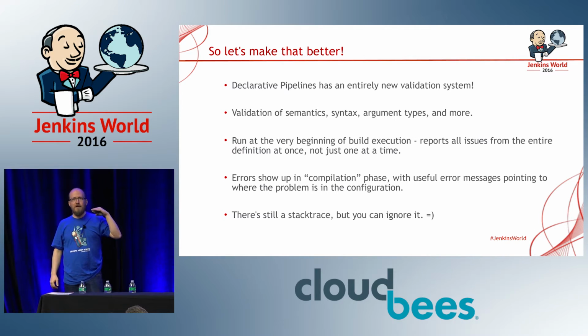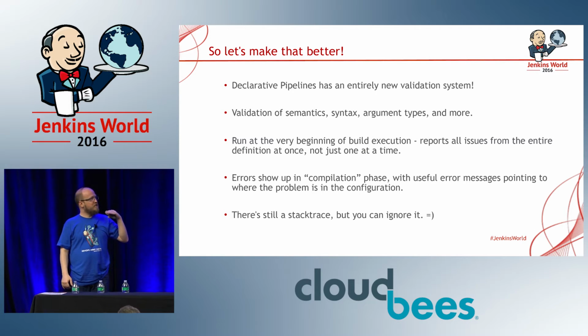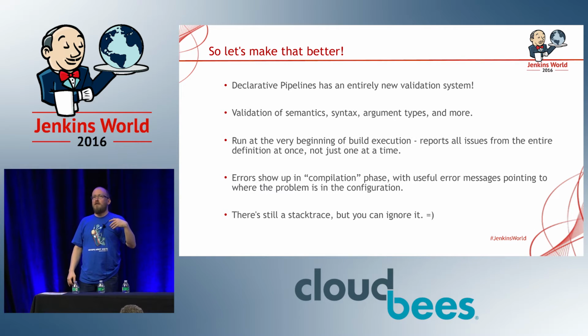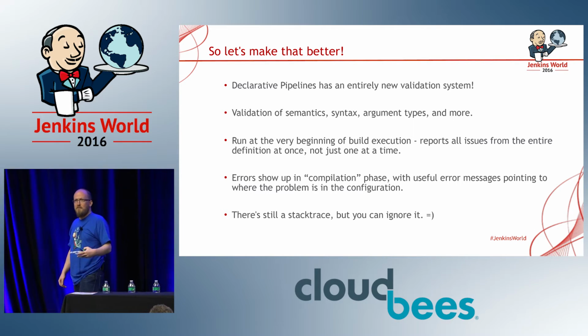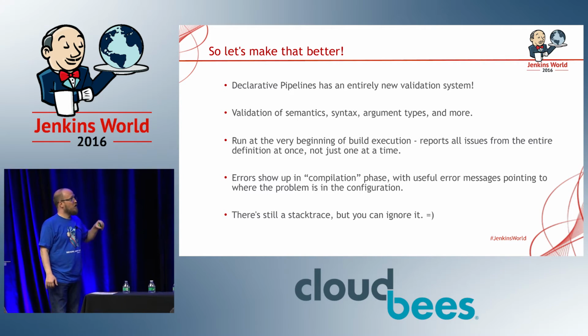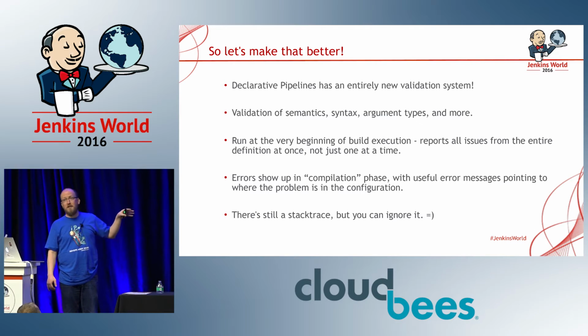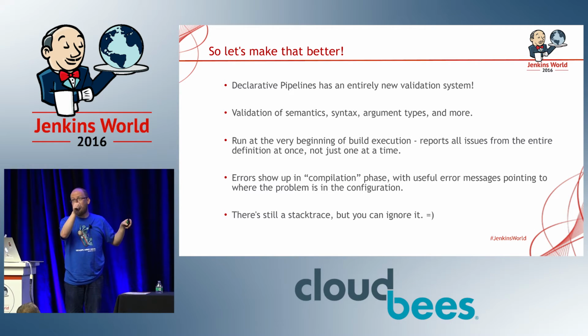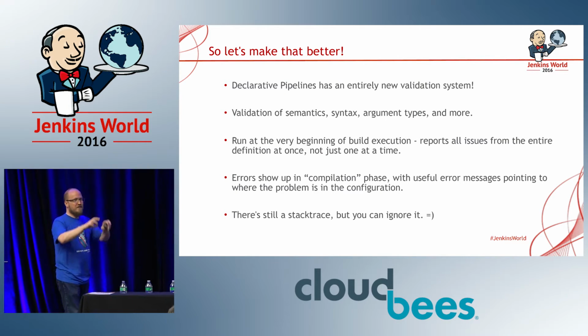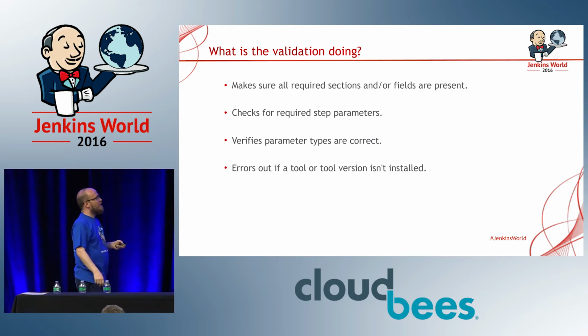It's run right at the very beginning of build execution every single time, so that before it actually starts trying to do stuff in your build, it'll detect if there are errors in your syntax, if you're missing a required argument for a step, if you are passing the wrong type to a step, and it will give you all those errors like they were compilation errors, so it'll point to the specific place that failed. There is still a stack trace. I haven't been able to kill that yet, but you can just ignore it. There's something useful right above the stack trace.